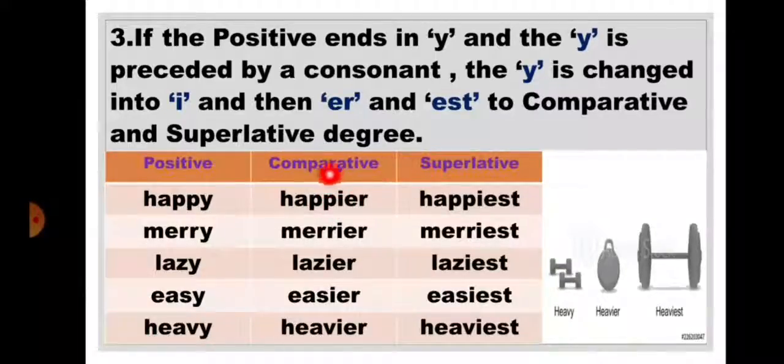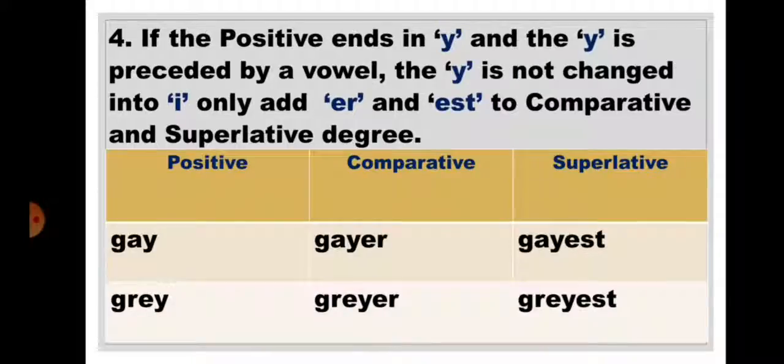In superlative degree, again we will replace Y with I and then we will add EST in order to make it a superlative degree, happiest. Merry, merrier, merriest. Lazy, lazier, laziest. Easy, easier, easiest. Heavy, heavier, heaviest.